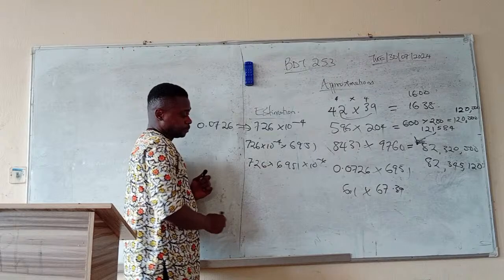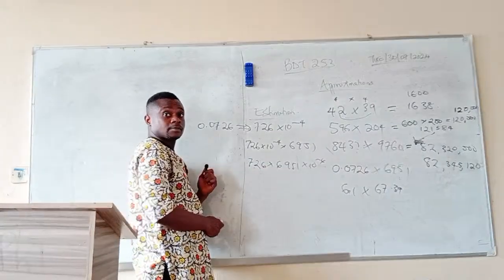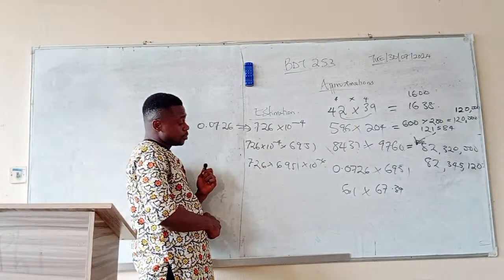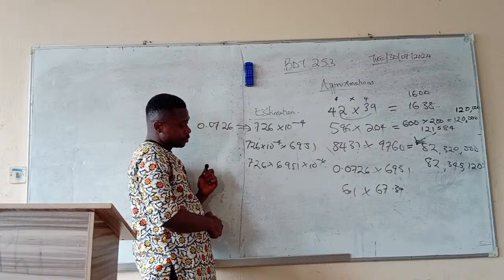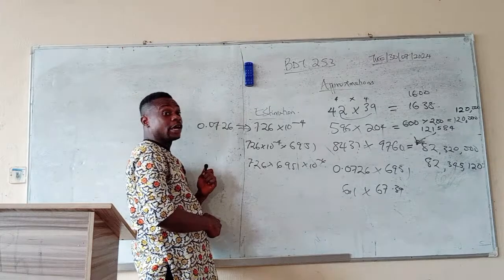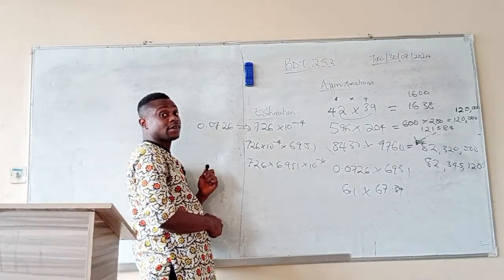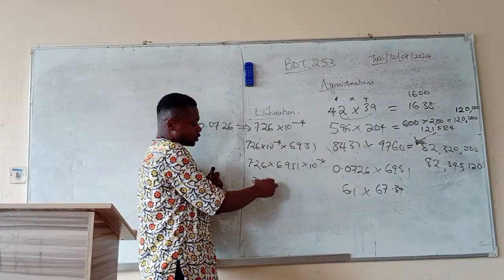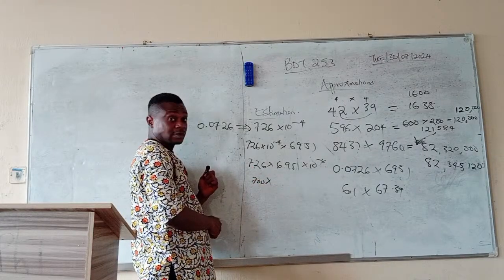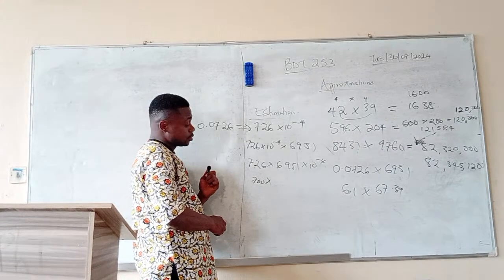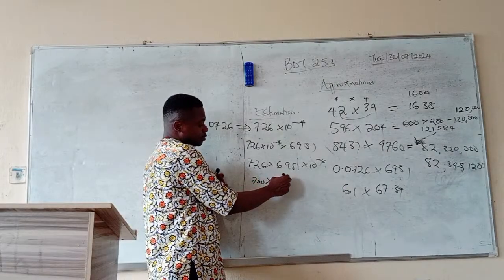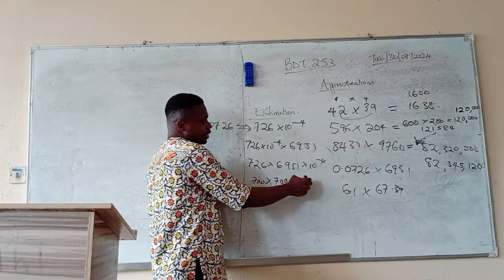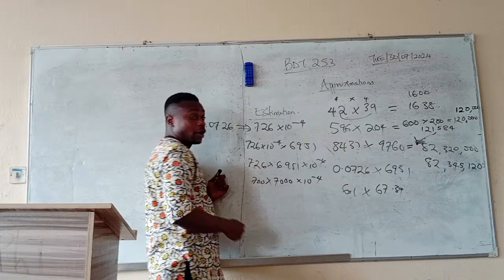What next? 700. Okay, you use 700 times what? Times 7,000 times 6 power what? Minus 4.